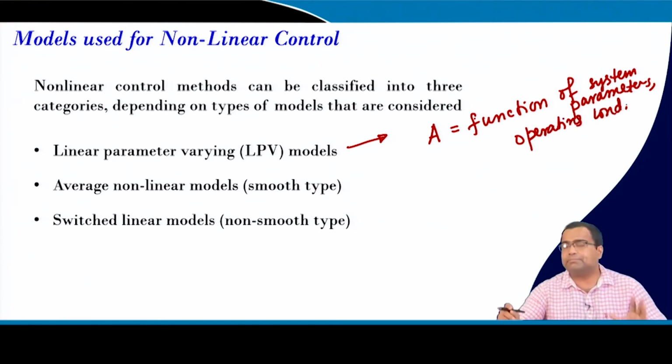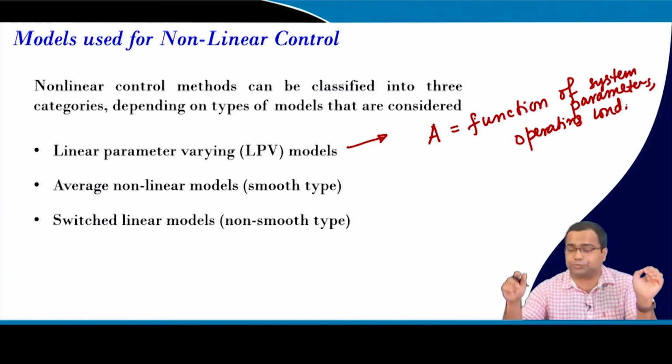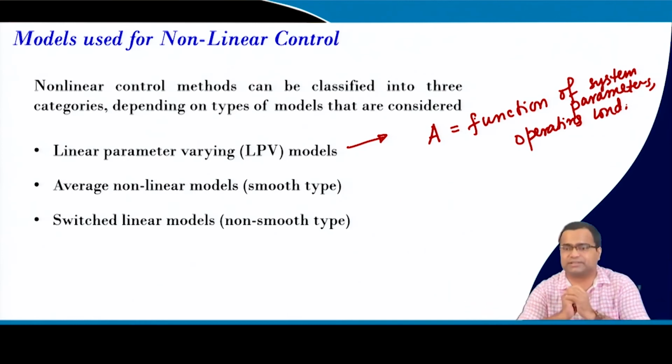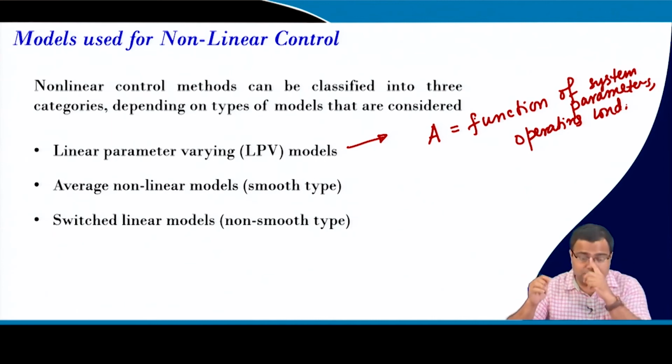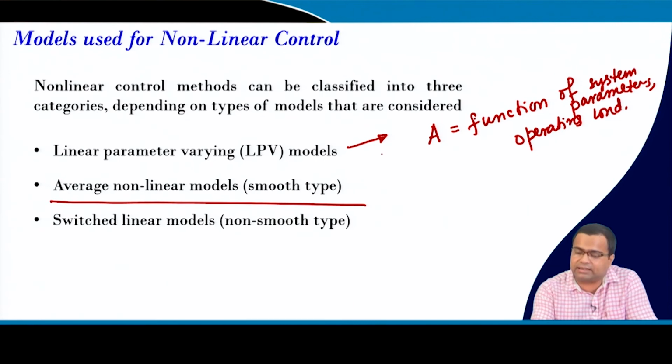Now, you can ask me, the system parameters are generally L and C, and the operating condition is the load resistance and the duty ratio, because that changes with the load current change, because those are the external parameters, right, and the change in input voltage. We also discussed the average nonlinear model, where here we directly obtain x tilde dot equal to A into x tilde.